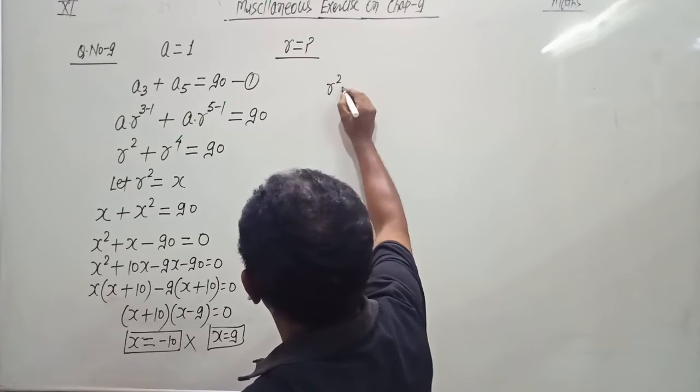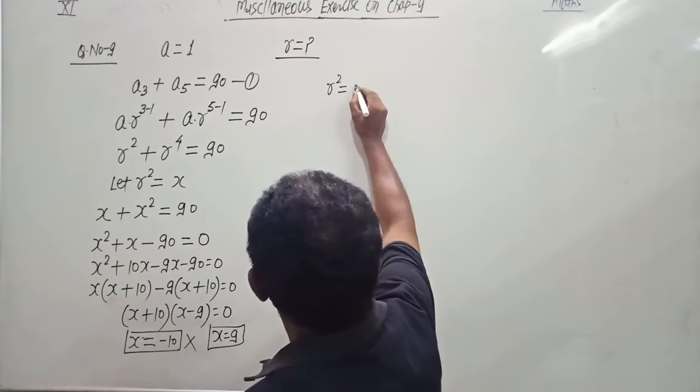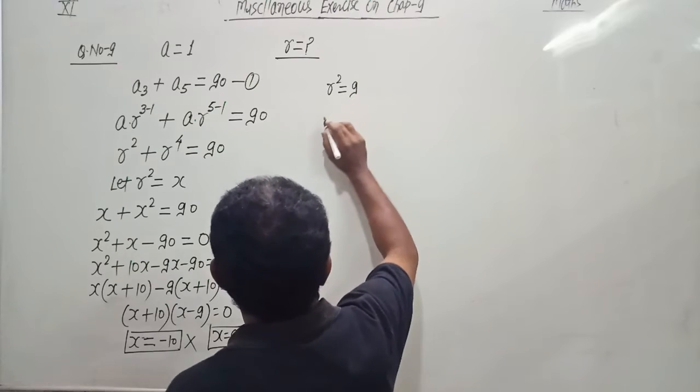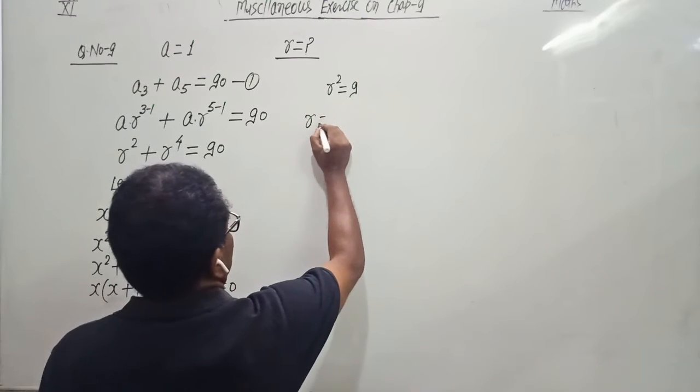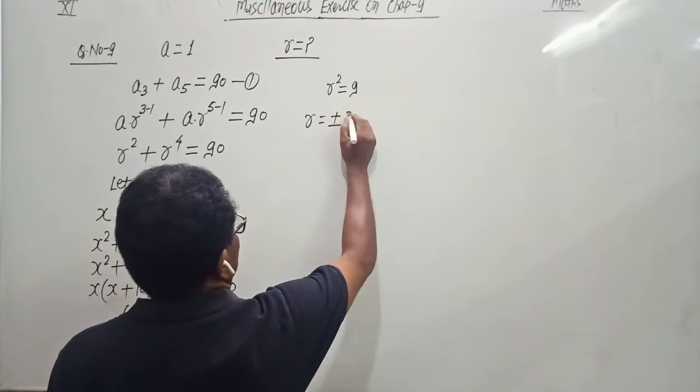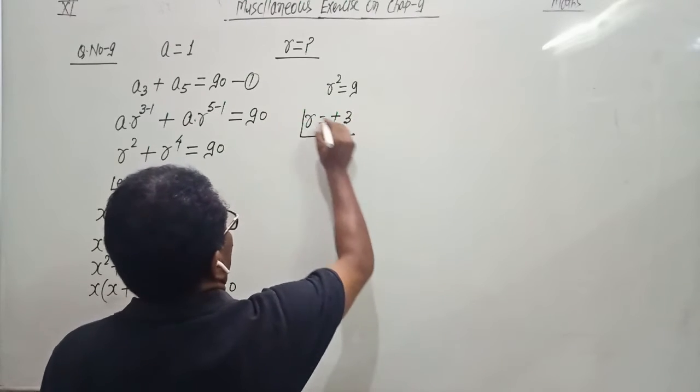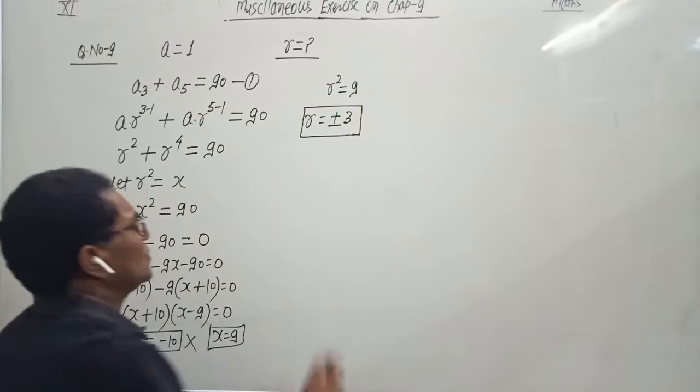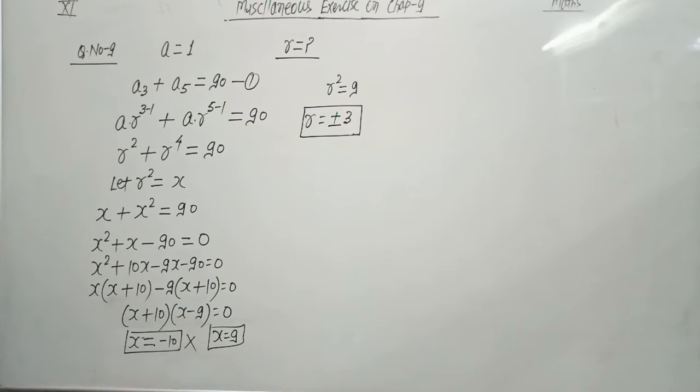So r square equals 9, and r equals plus minus 3. So we get the value of r, the common ratio: r equals plus minus 3. This is the common ratio of the GP.